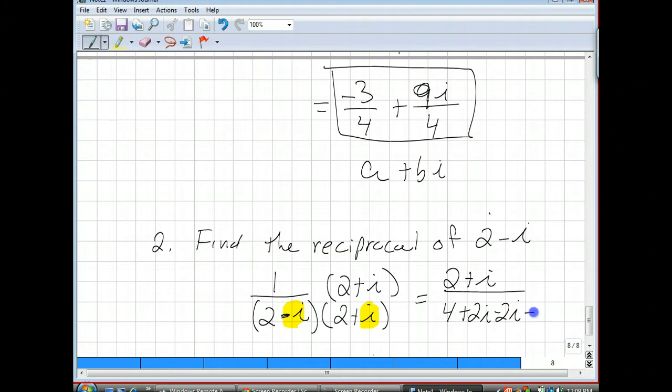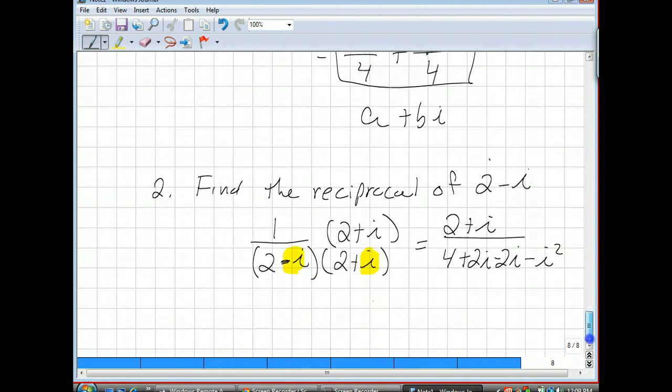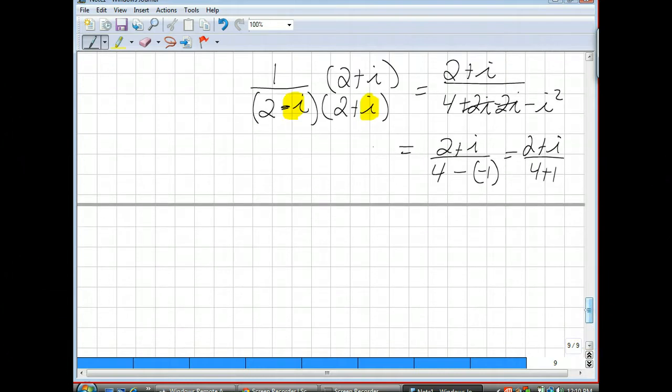So that's going to be negative i squared, but that's 2 plus i over 4 minus negative 1, which is 2 plus i over 4 plus 1. Because remember, a negative times a negative makes a positive. So we get 2 plus i over 5. And that's 2 over 5 plus 1/5 i.